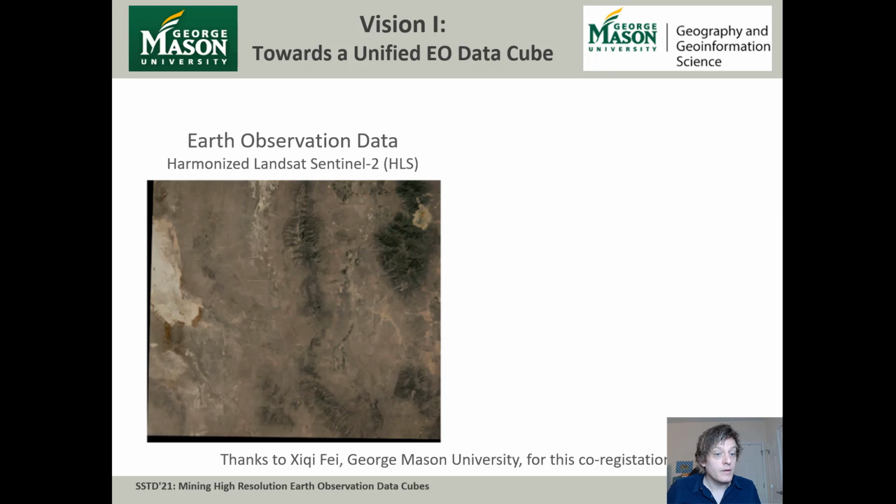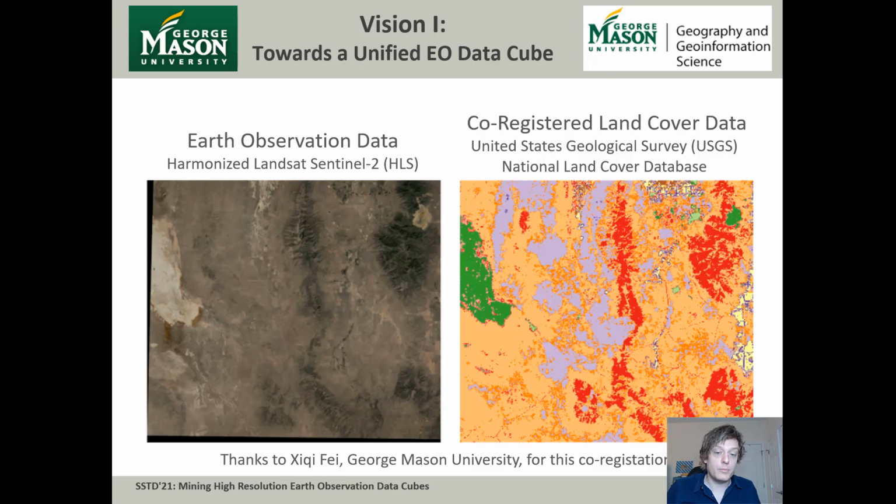For example, what we see here is data from harmonized Landsat Sentinel-2, HLS, data. And we have also obtained data from the United States Geological Survey, which has a national land cover database, which regularly updates for each pixel in the United States the corresponding land cover. And what you see on the right is this data set co-registered with the Earth observation data.